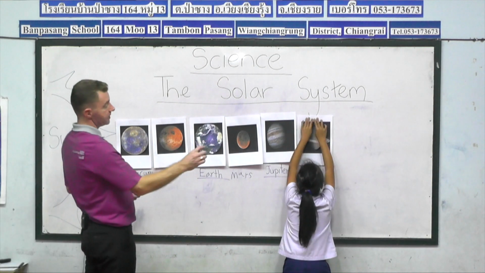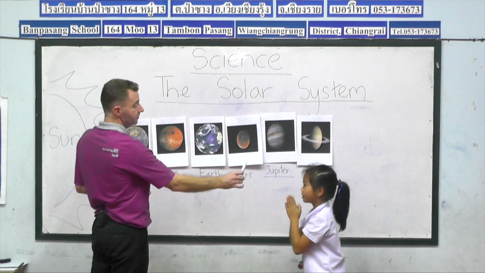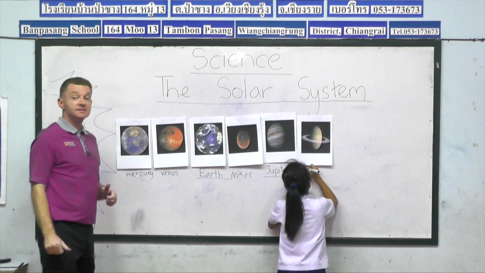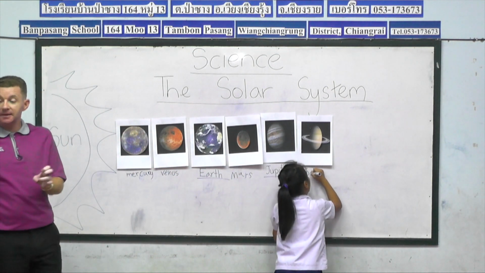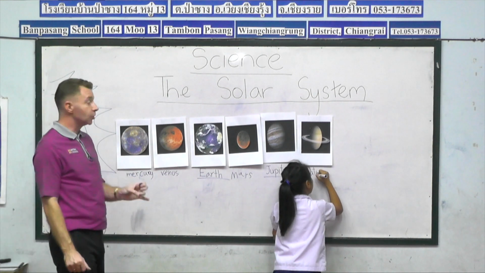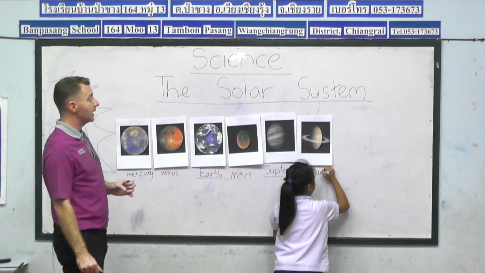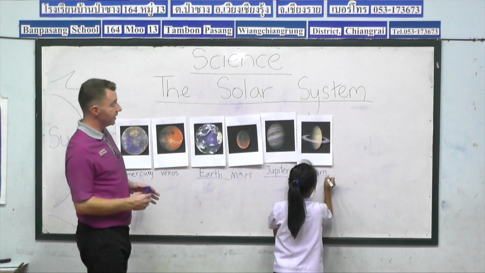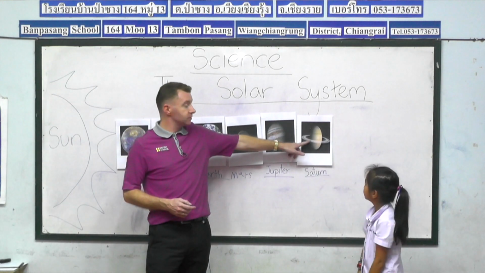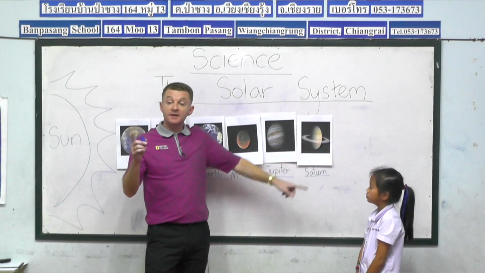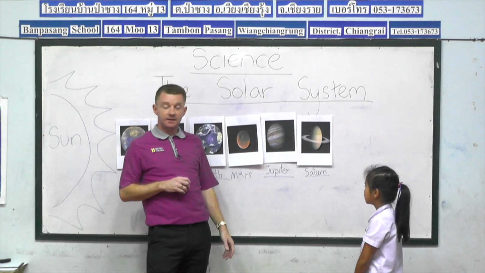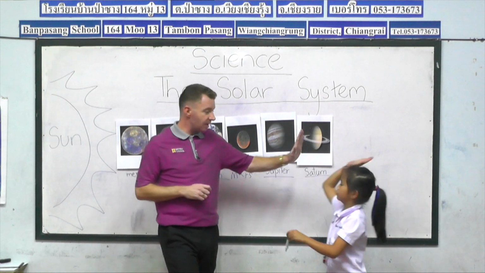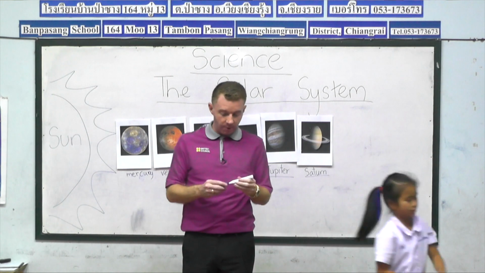Excellent. And then spell Saturn correctly underneath. S-A-T-U-R-N. And like I said earlier, Saturn is the only one with the ring around it. So all together, guys, Saturn. Prau, that was great. High five and a big round of applause for Prau, please, guys.